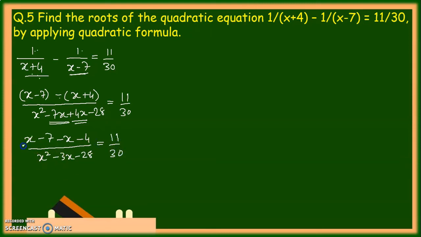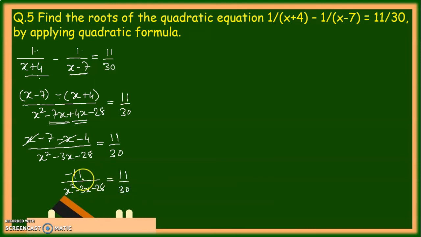So here this x and minus x will cancel out. So we get minus 7 minus 4, that will be minus 11, divided by x square minus 3x minus 28, equal to 11 divided by 30.